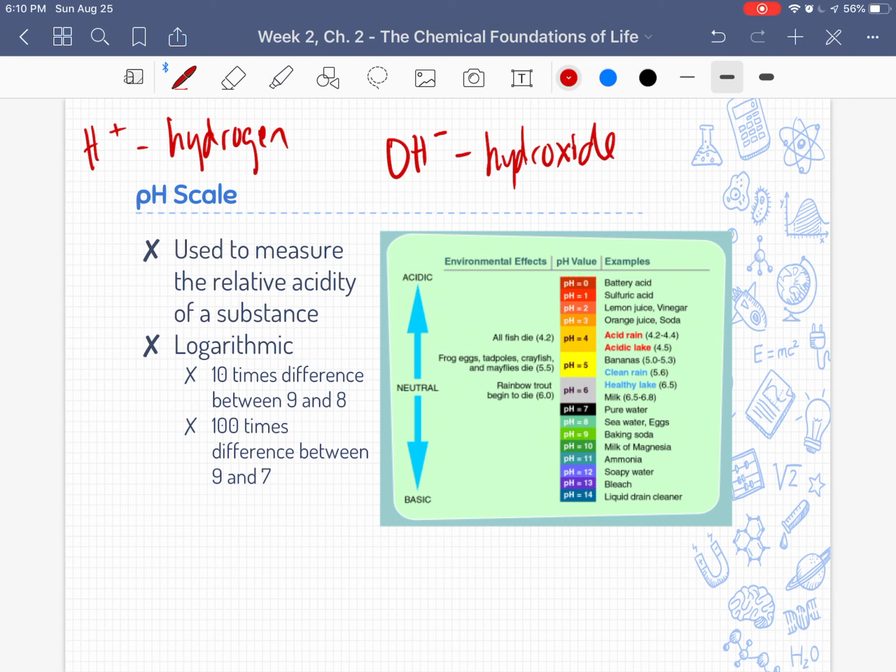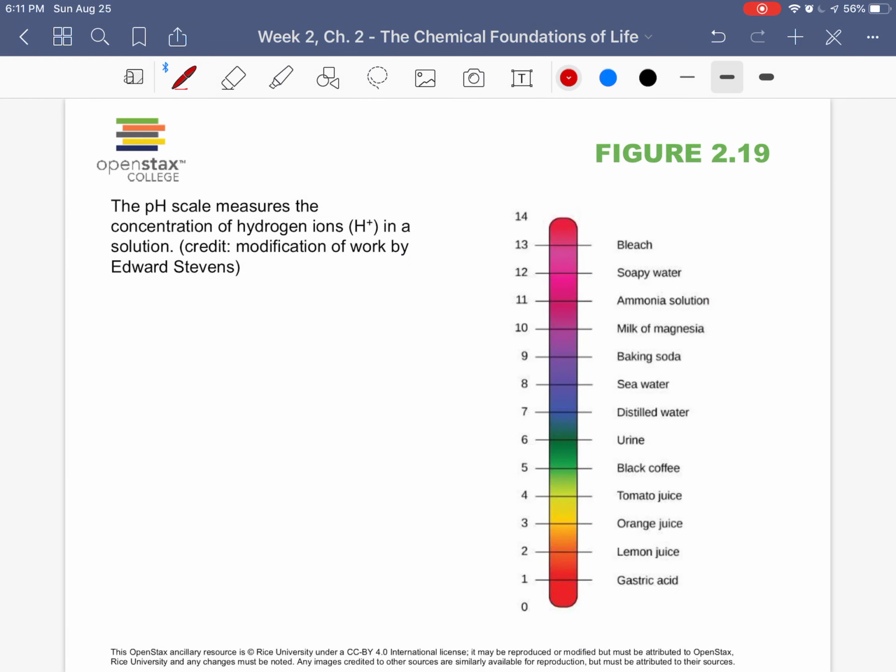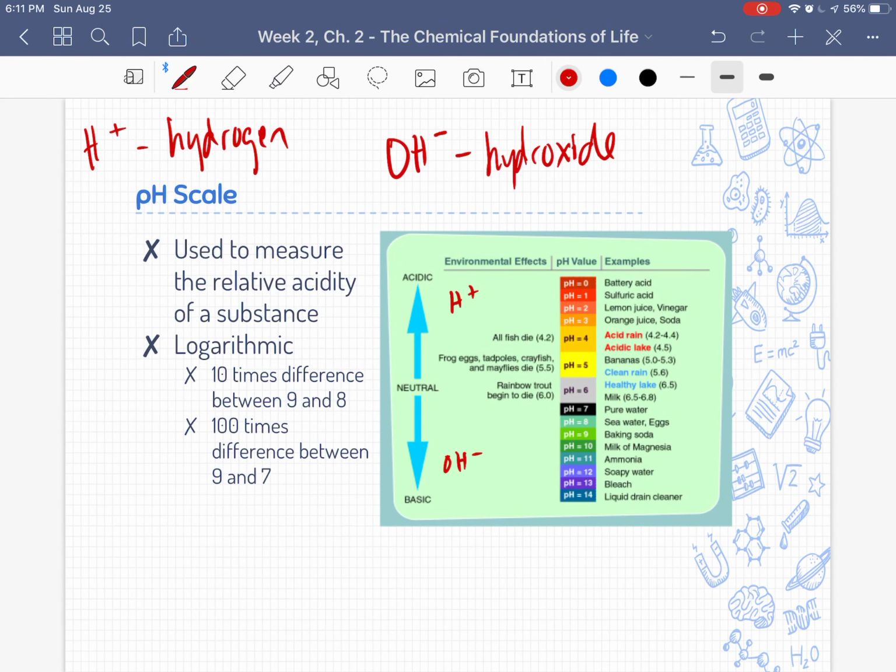Materials that are acidic have more hydrogen ions. Materials that are basic have more hydroxide ions. All right. It's a logarithmic scale. There's a lot of math that's associated with it, but we're not going to mess with it. But we need to understand that the more acidic a material is, the more hydrogen ions that you have.